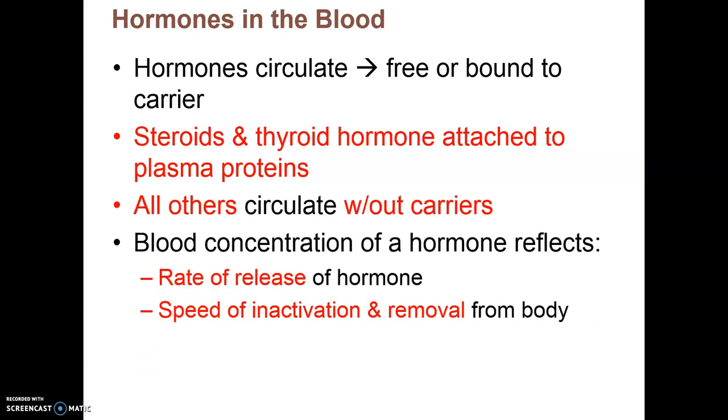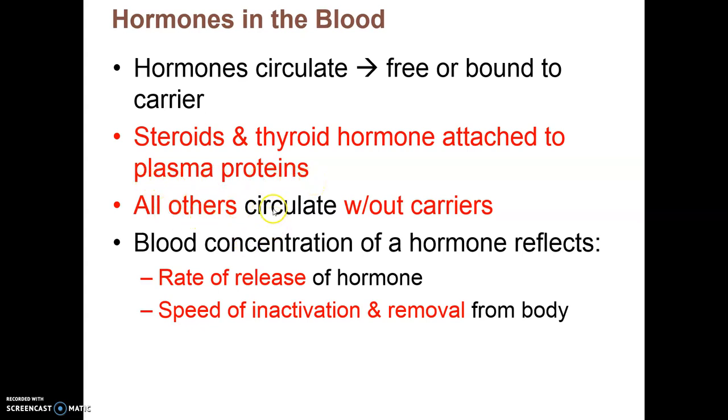Hormones in the blood. This is important to understand. Hormones circulate in the blood in two forms: free hormones and hormones bound to carrier proteins. Steroid and thyroid hormones are bound to plasma proteins.